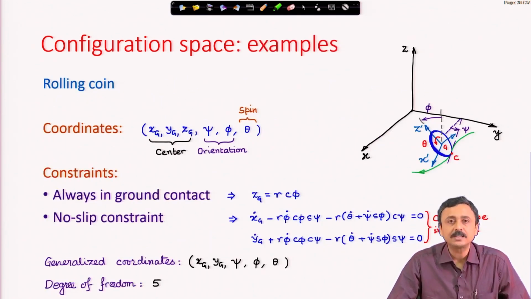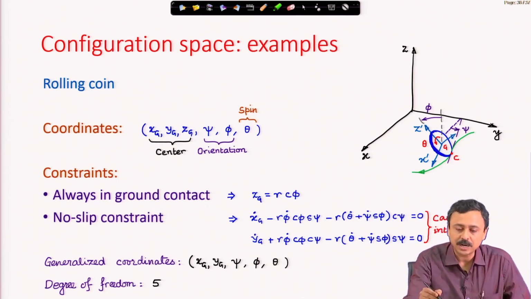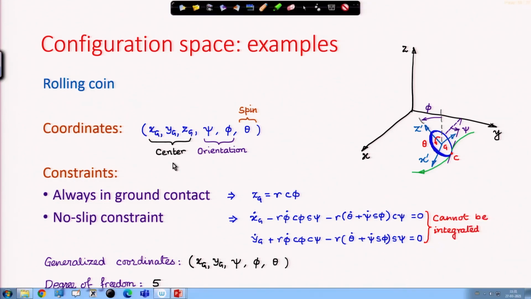We had looked at this example of a rolling coin. We started off with the physical coordinates, which were the location of the center of mass, the orientation of the coin, and the spin angle of the coin.